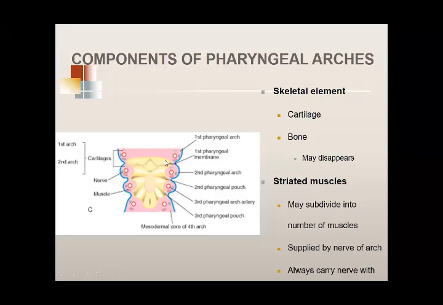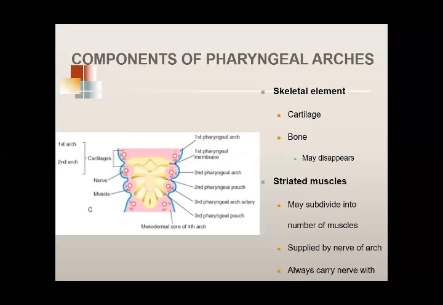So on the inside of the pharynx, you have a lining of endoderm. On the outside, you have a lining of ectoderm. And in between, you have this mesenchyme. Okay, so together, this is the pharyngeal arch. And I told you, if you spread your fingers, condensed mesenchyme forms the pharyngeal arches, and in between your fingers, you have gaps.